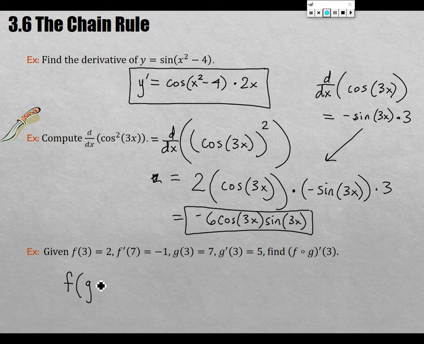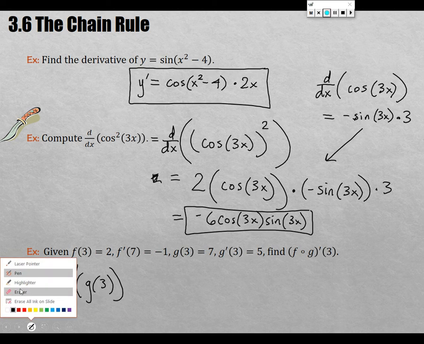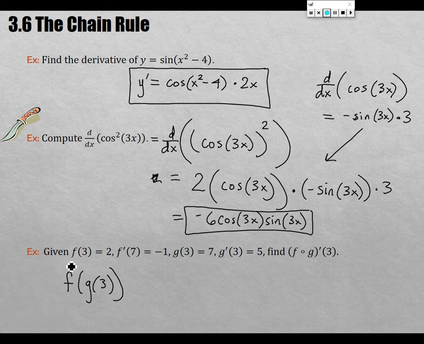f of g of 3 prime, f prime of, excuse me. It's the whole thing prime. Right? You can still just put the prime next to f, right? No, because that's just the derivative of f with the g plugged in.